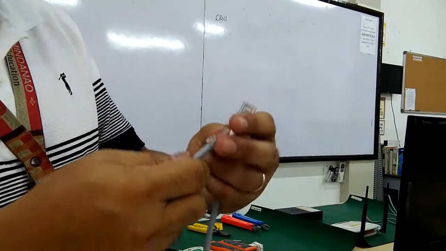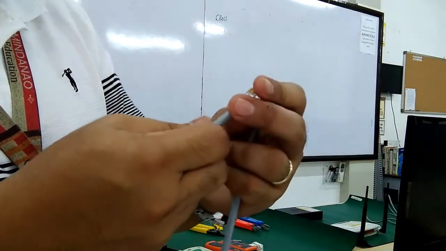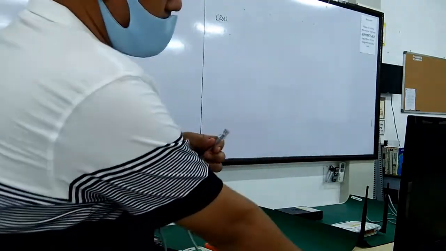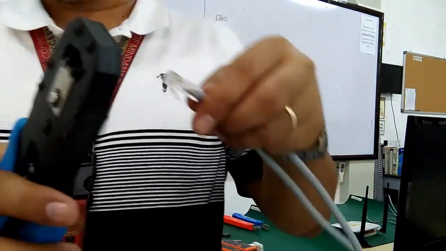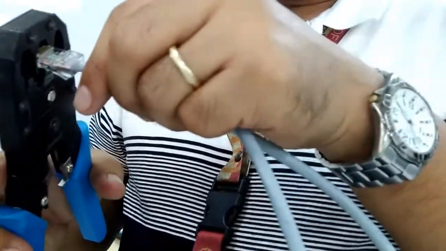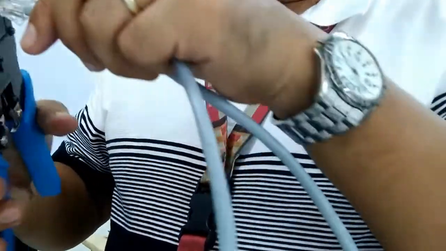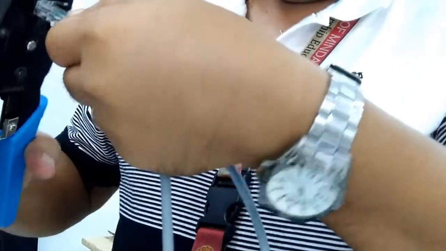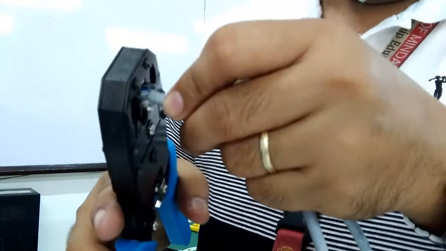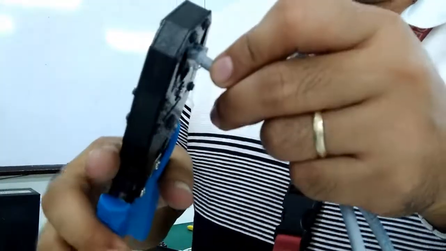Once you double check and it's okay already, then we're going to crimp this one. Just insert our RJ45, and then we're going to push.